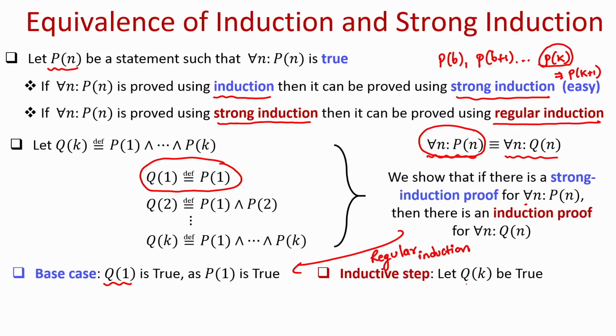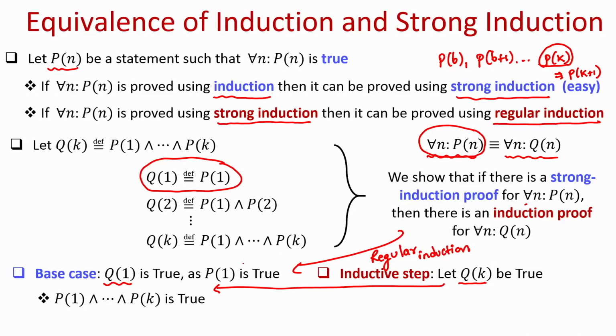For the regular inductive step, I will make the inductive hypothesis that q of k is true. I am not making the hypothesis that q of 2, q of 3, q of 4 up to q of k minus 1 are true. I am just making the hypothesis that q of k is true. But if q of k is true, then as per the definition, it means that the conjunction of p of 1, p of 2 up to p of k is true.